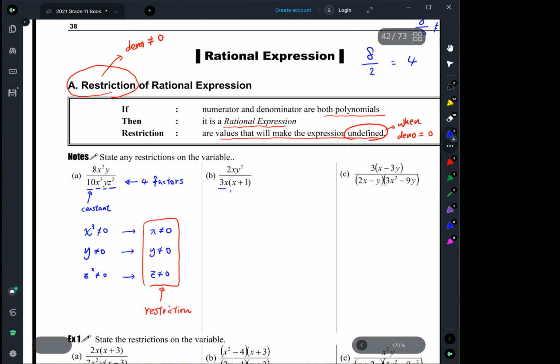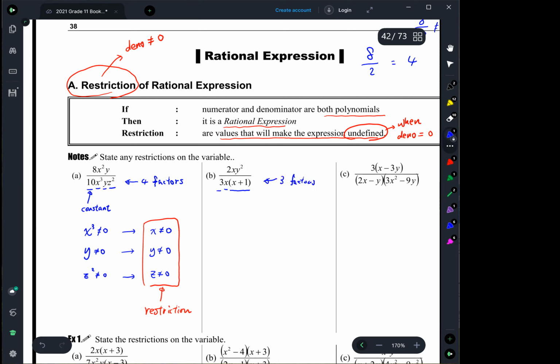And also the 3x, I can split it into 3 times x as well, right? So actually there are 3 parts, 3 factors in the denominator. 3 counts as 1, x counts as 1, x plus 1 is another one. So this one has 3 factors.